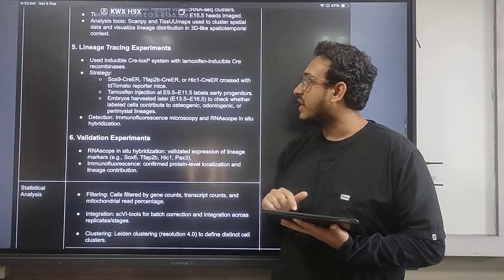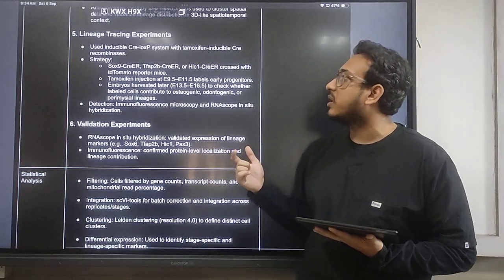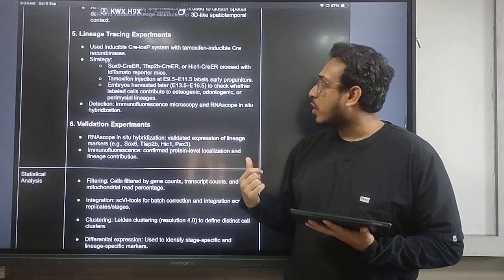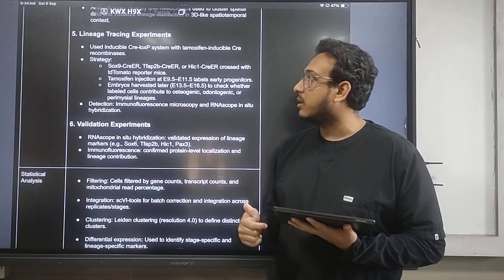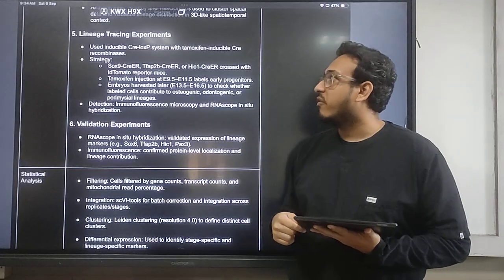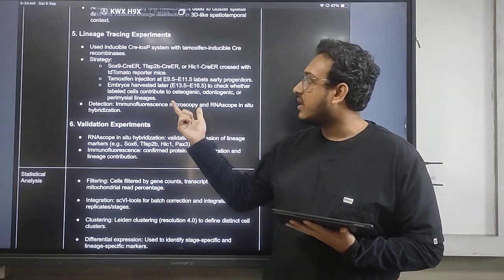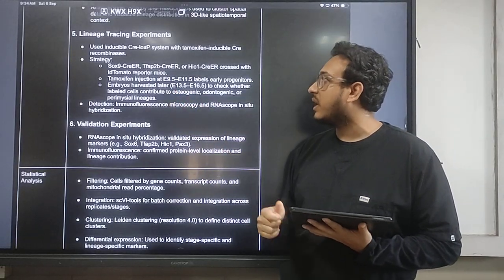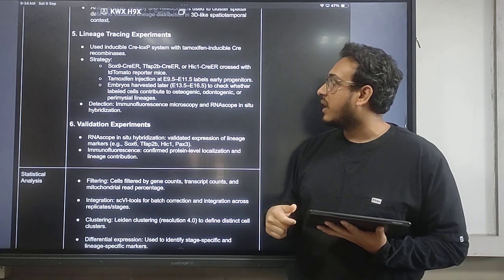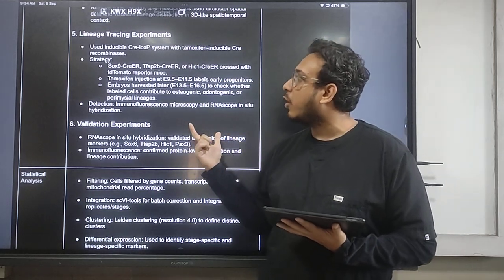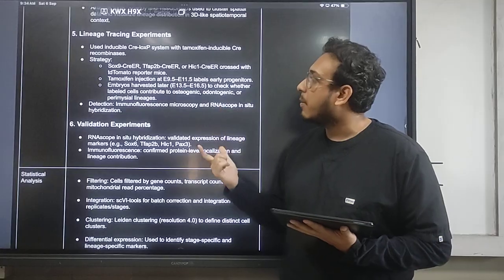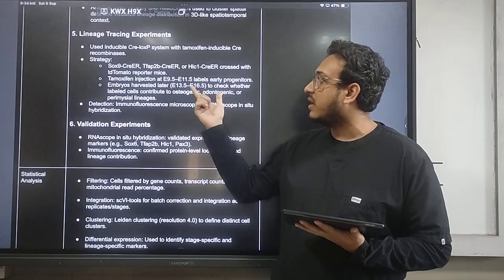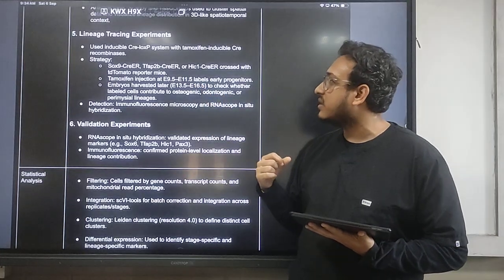Then lineage tracing experiments were done. They used the Cre-loxP system with tamoxifen inducible Cre recombinase, where they used SOX9-CreER, TFAP2B-CreER and HIC1-CreER crossed with tdTomato reporter mice, and the injections were given at 9.5 and 11.5 weeks.